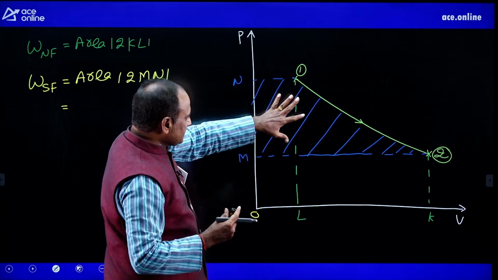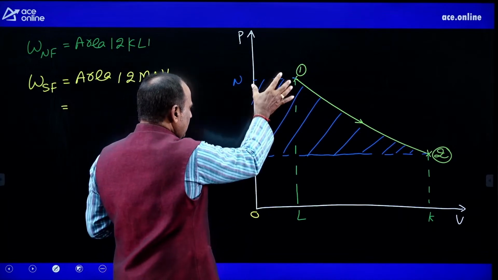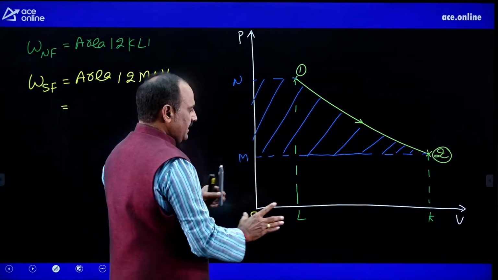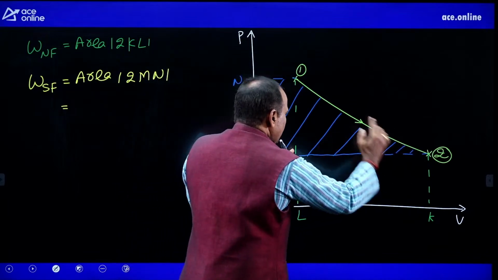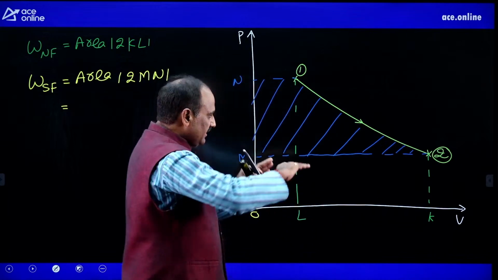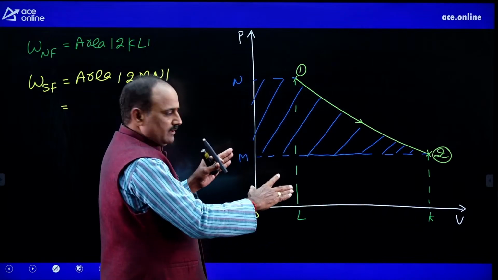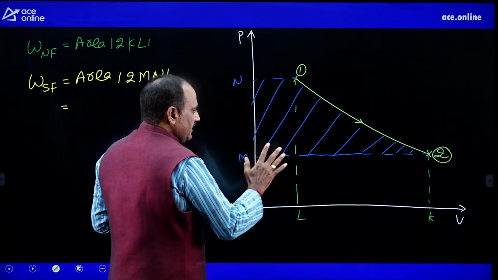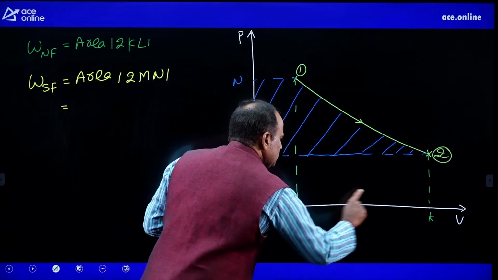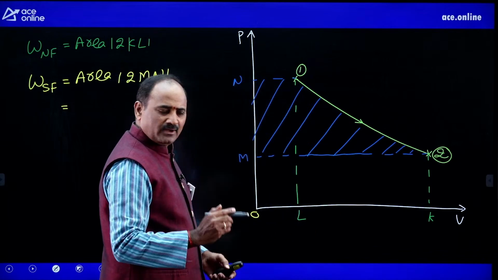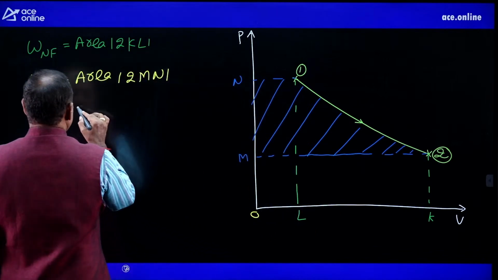For getting this hatched area, first I take this rectangular strip area and add it to the area below 1, 2, which covers the total area. But for getting this hatched area, from the total area you subtract this downside rectangular area. So that can be written like this.